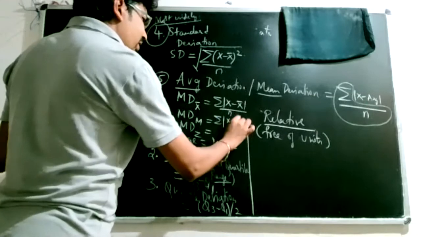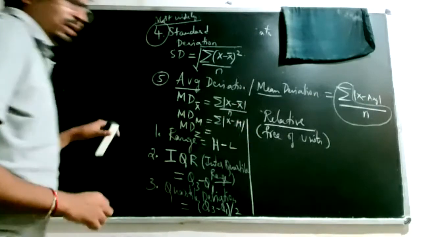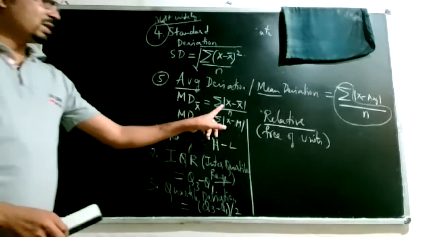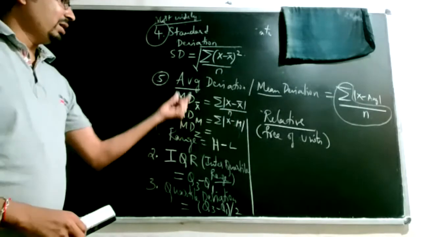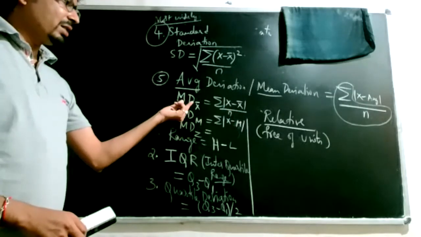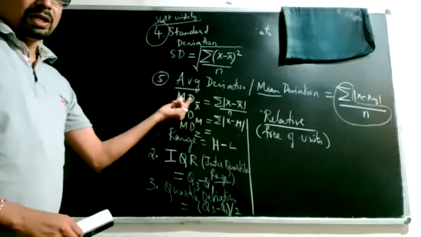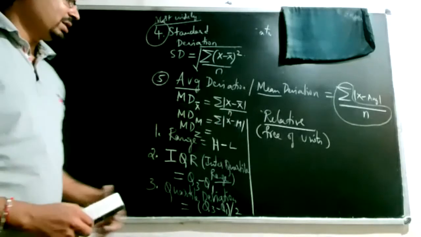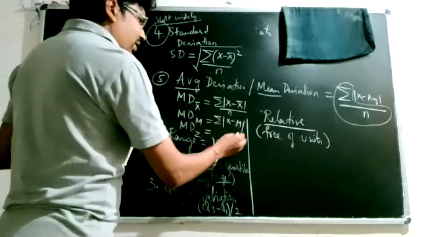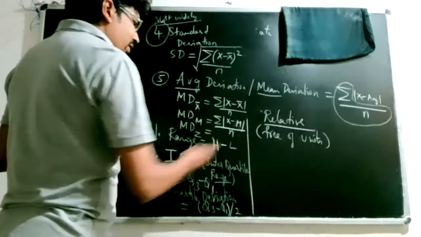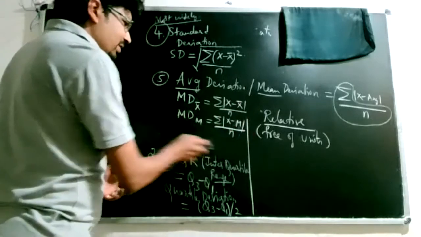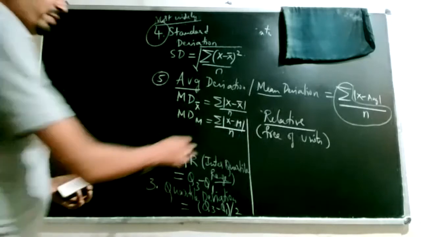So I'm using arithmetic mean to get the differences. Therefore, it is sigma |x minus x bar| by n, and here it is called average deviation from mean or mean deviation from mean, given by this formula. Instead of using mean, if you are using median, then you get average deviation from median, given by this.